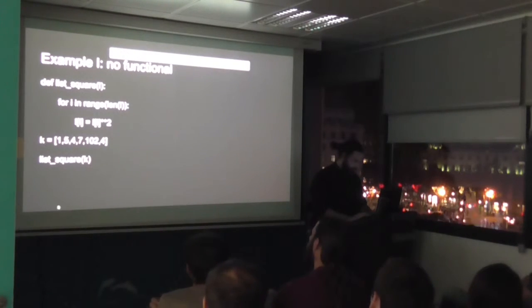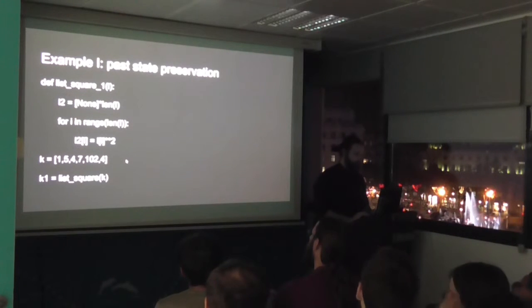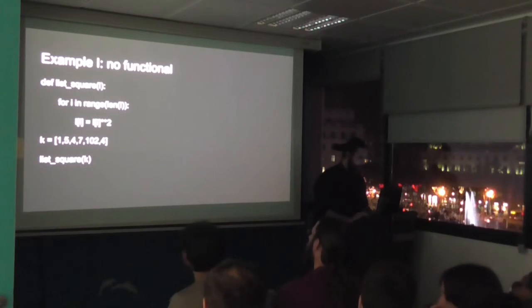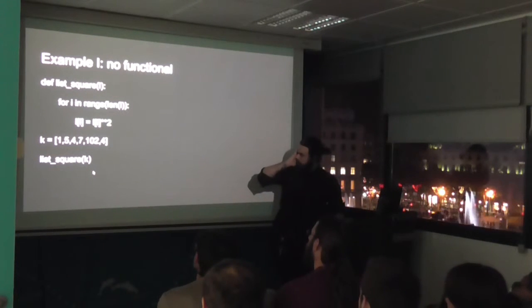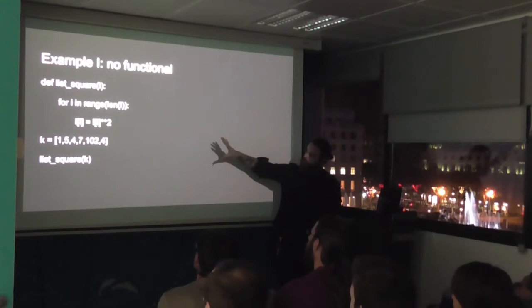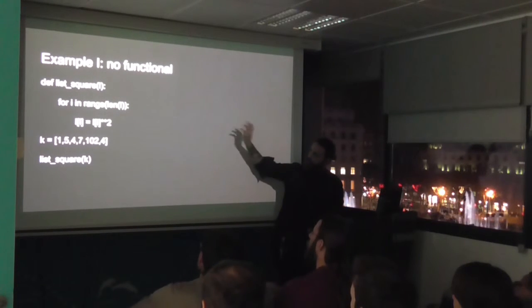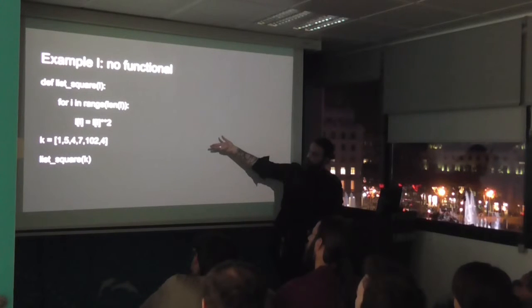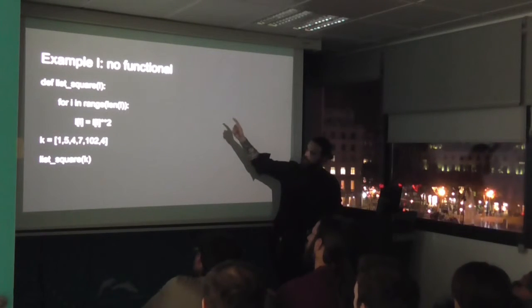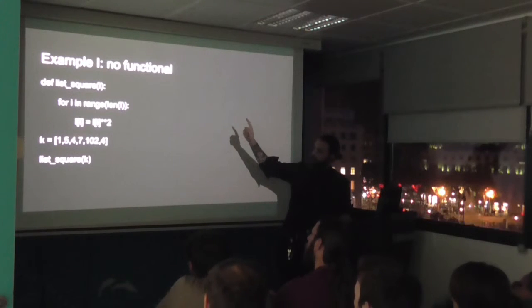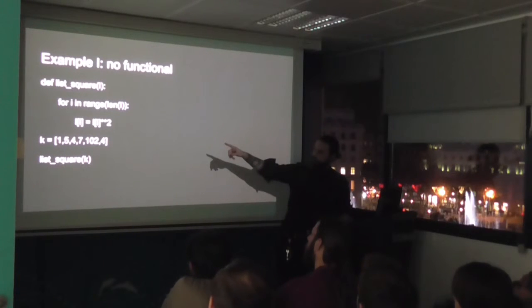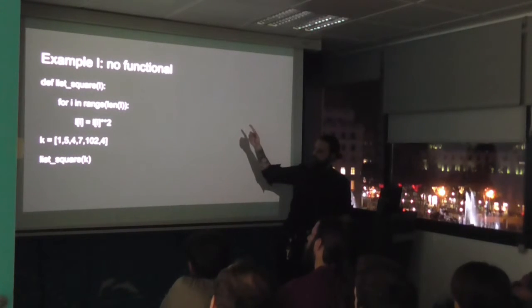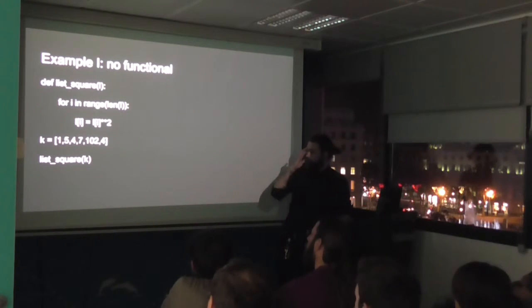Next, let's try to make some experiments. I'm going to define one Python program and transform this simple program to a functional program. We define a function, list square, that takes a list, and for each index in the list, takes the element in this position, squares it, and assigns this result to the same place of the array.